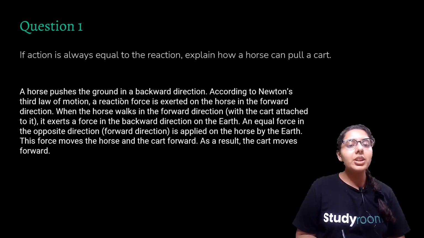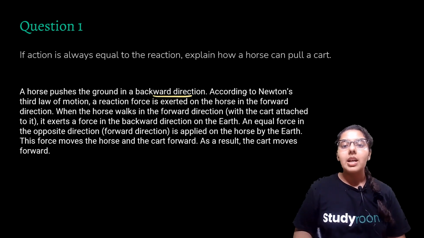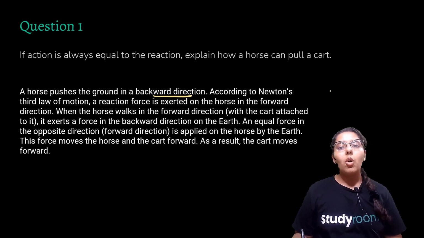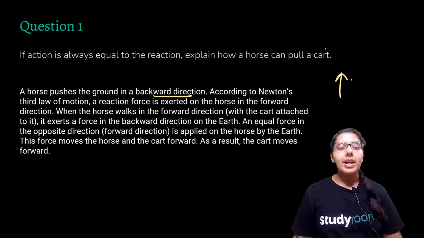So a horse pushes the ground in a backward direction. According to Newton's third law of motion, for every action there is an equal and opposite reaction. When the horse walks in the forward direction with the cart attached to it, it exerts a force in the backward direction on the earth.